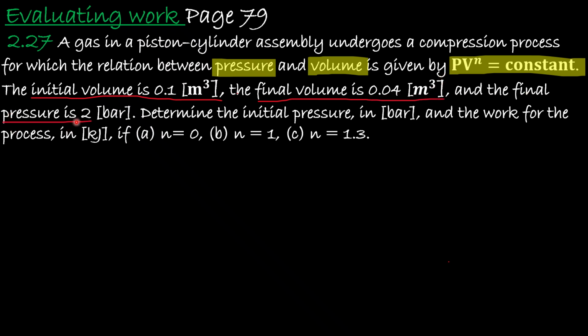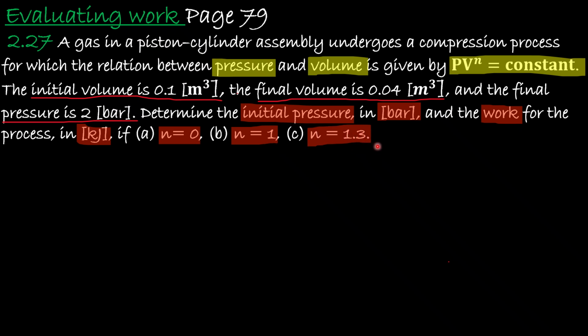And the final pressure is 2 bar. Determine the initial pressure in bar and the work for the process in kilojoules, if n equals 0, n equals 1, and n equals 1.3.